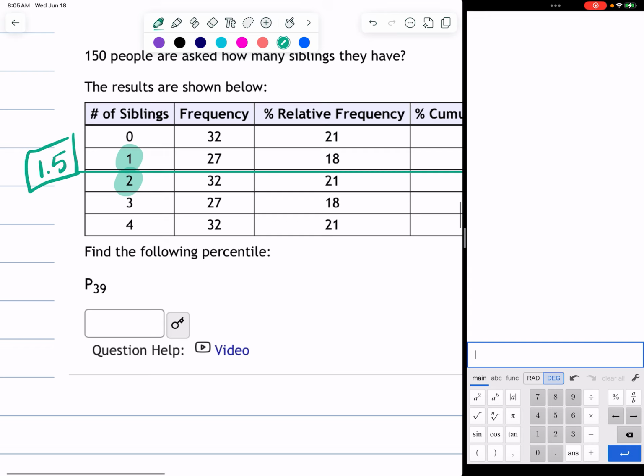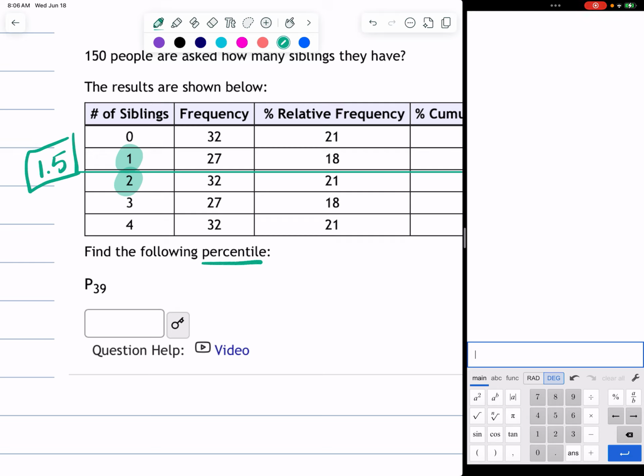So the 39th percentile is 1.5. Now, a lot of people say, but Ms. Graham, this is siblings. If I have 1.5 siblings, the FBI and CPS are totally going to get involved. I get it. If you think too much about this being actual siblings, yes, it gets a little weird.